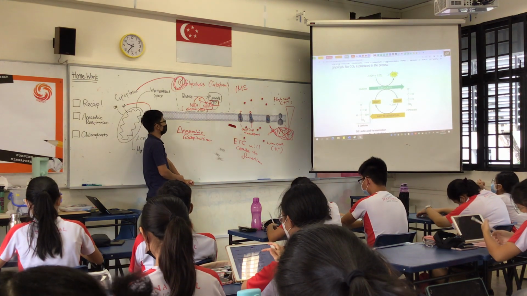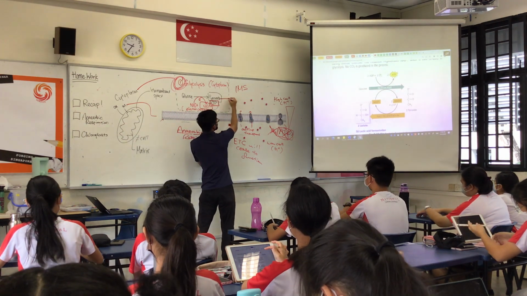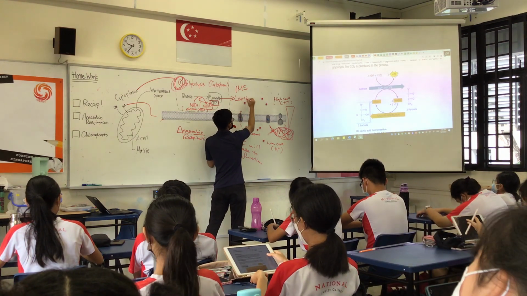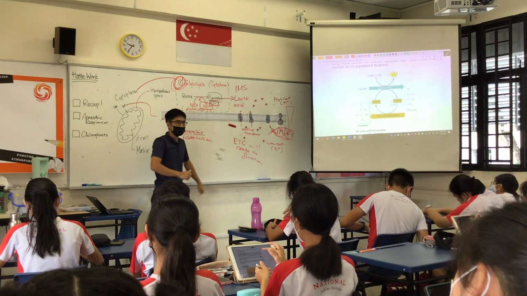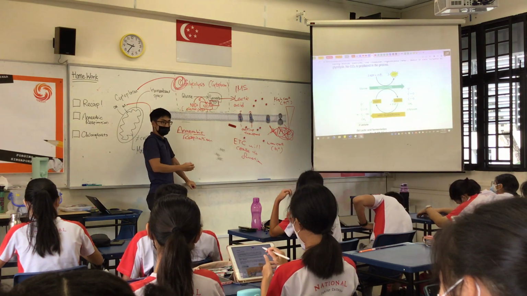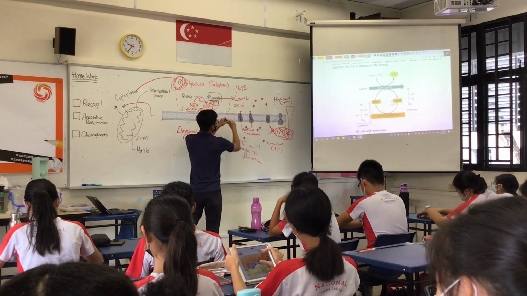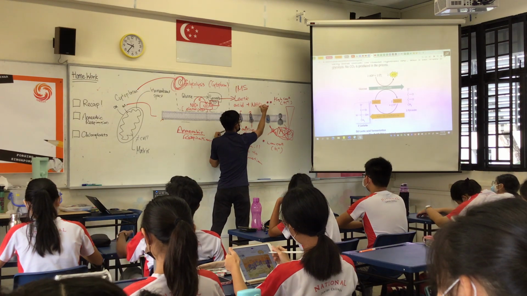How, you may ask? Well, the pyruvate that's formed, our body will convert it to lactic acid. When we convert it to lactic acid, we end up producing NAD+ in the process.